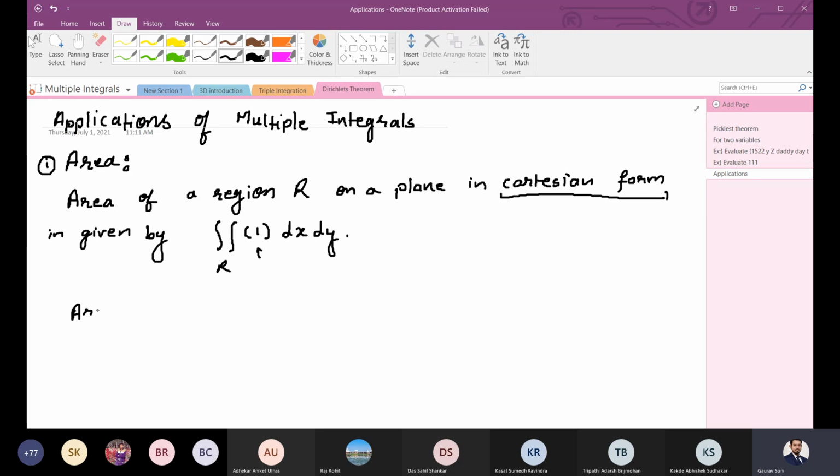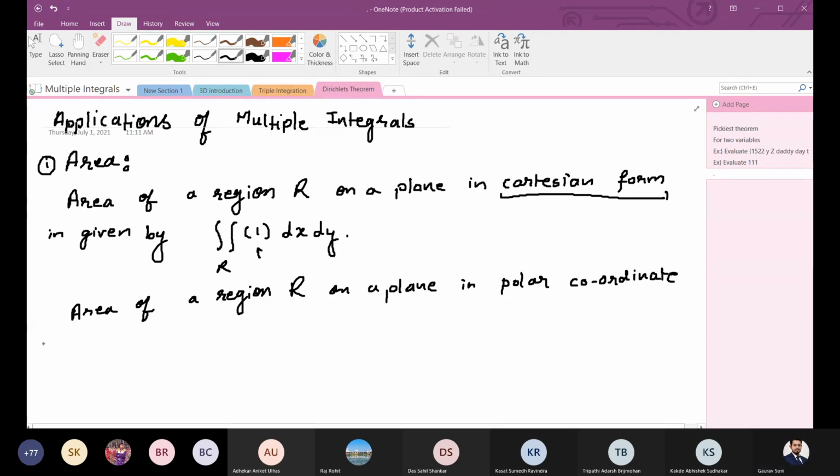So the area of a region R on a plane in polar coordinate system is given by, yes, can someone identify?